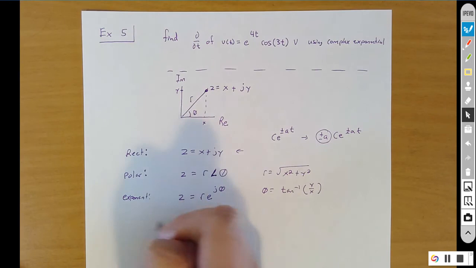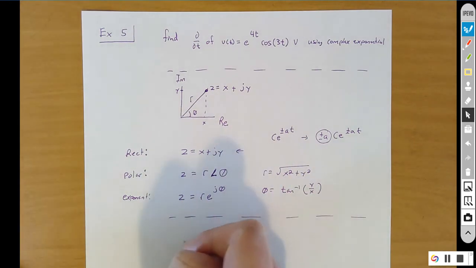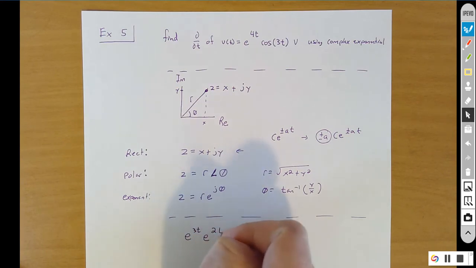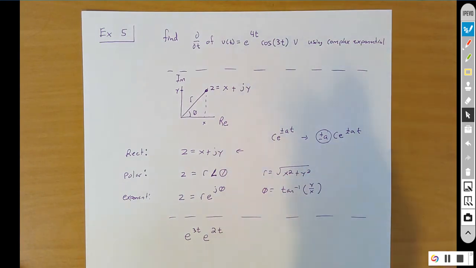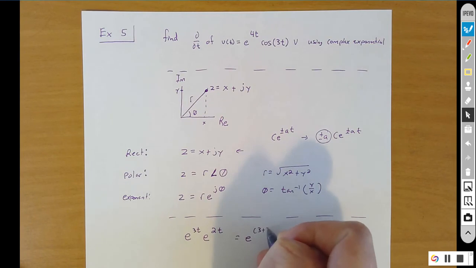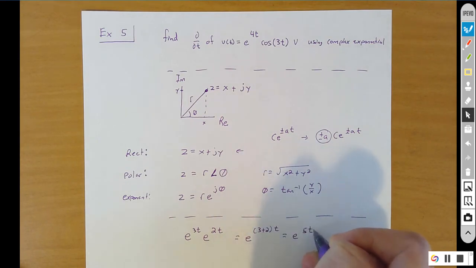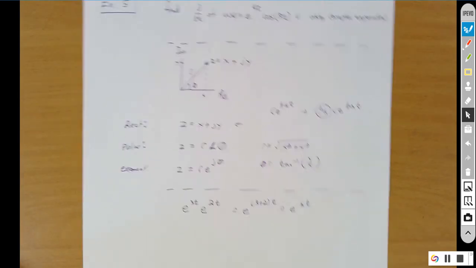As a refresher, say you had e to the 3t times e to the 2t. Once you get everything up here, you have some kind of a j term up there. Then that becomes e to the 3 plus 2t, which is e to the 5t. So multiplying them means we add those two exponents.